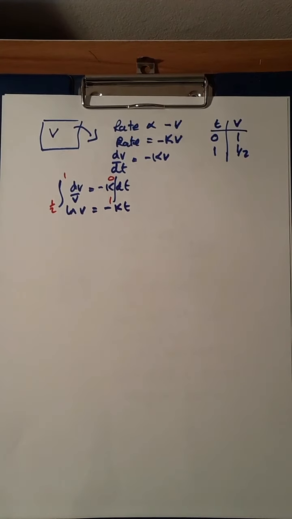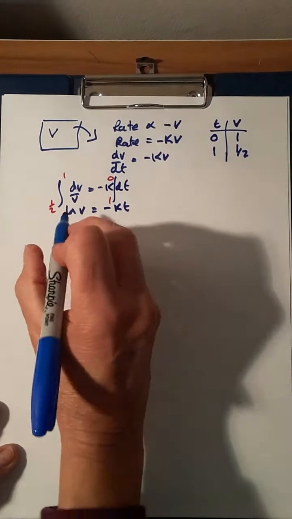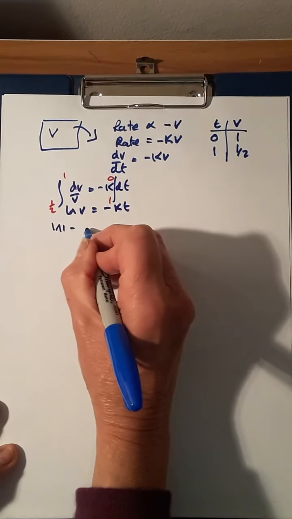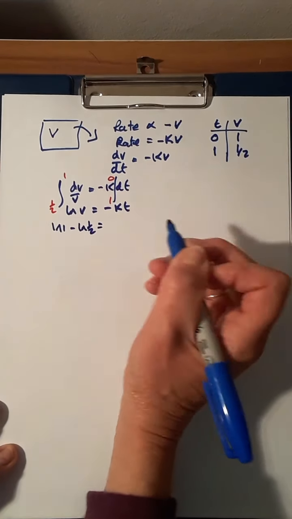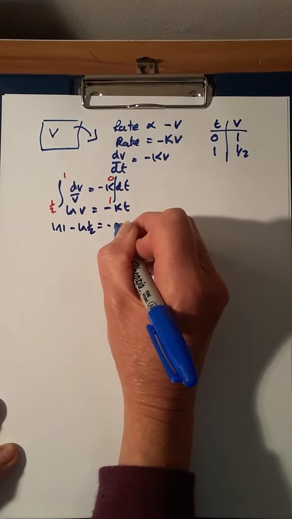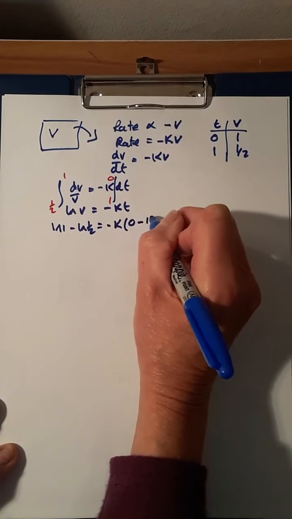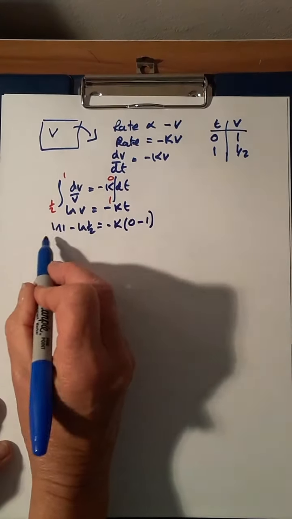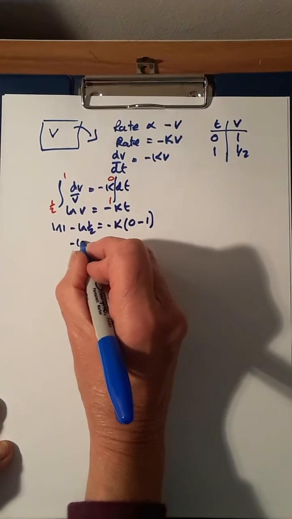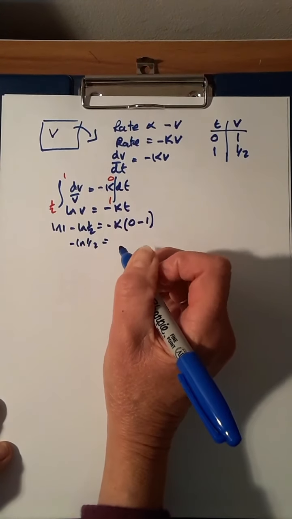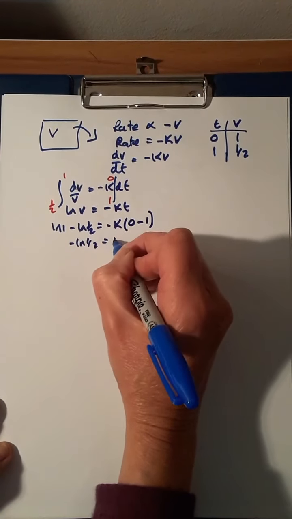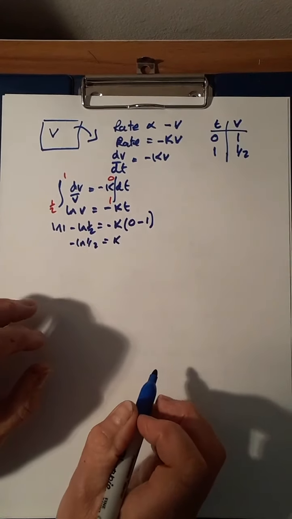So this becomes ln of 1 minus ln of 1/2 is equal to minus k from 0 to 1. ln of 1 is 0, so this is just minus ln of 1/2 is equal to minus k times minus 1, which is just k.